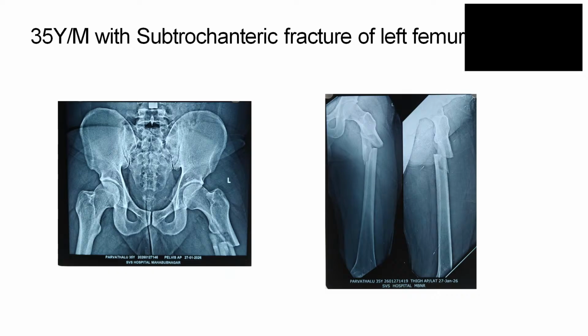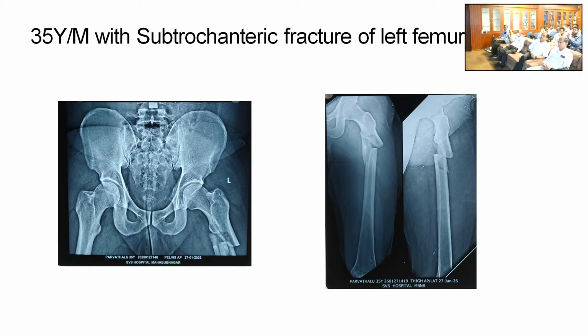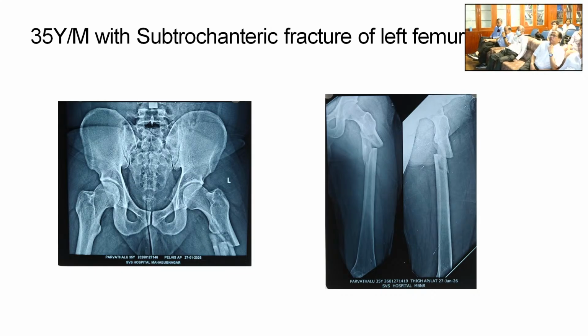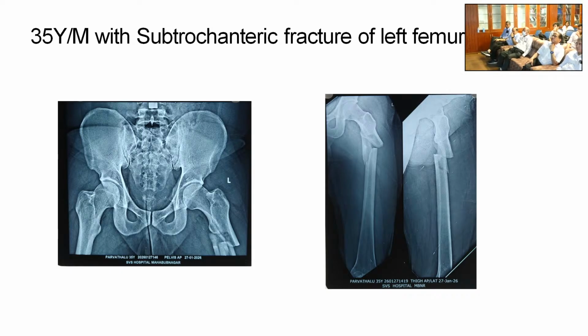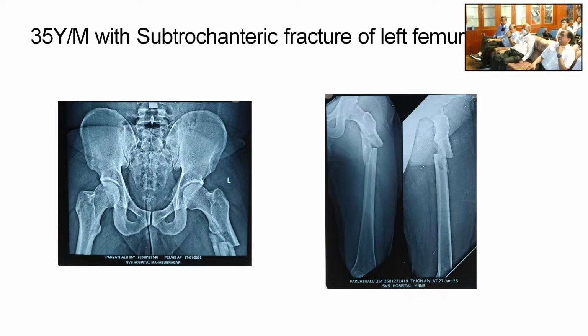Medial? What are the factors which will decide the entry point? You've done some nailings? Yes. Medial to the tip of the greater trochanter, we have to take the entry in PFN, sir.